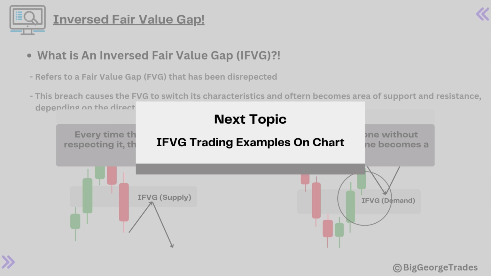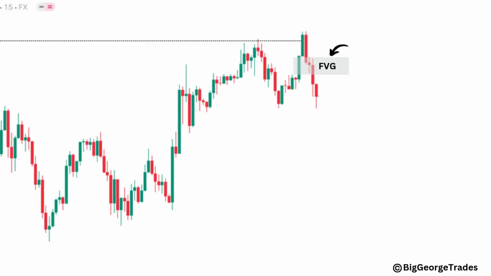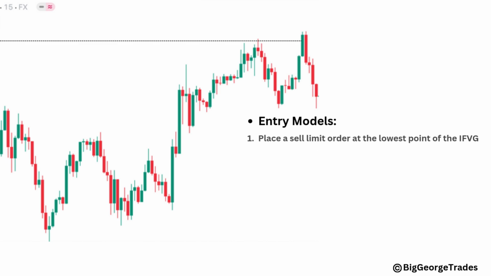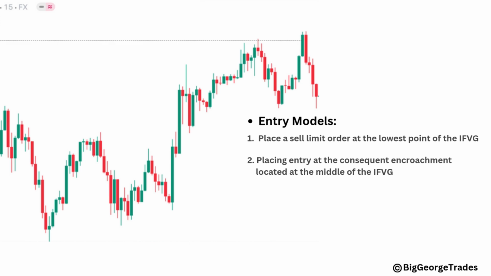So let's take some chart examples while I explain the entry models. We'll be taking two examples while I explain the entry models. So let me state the models. One, you place your limit order at the extreme lowest point of the IFVG. Two, you place your entry at 50%, that is the consequent encroachment of the IFVG once identified.